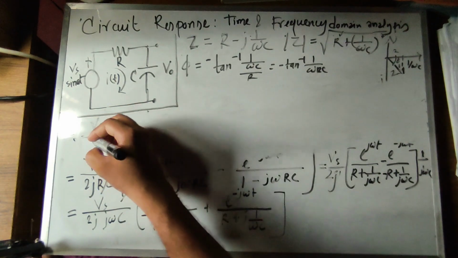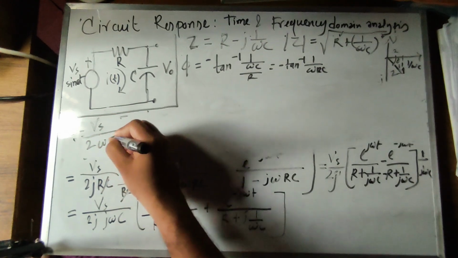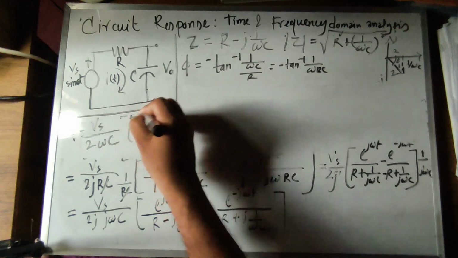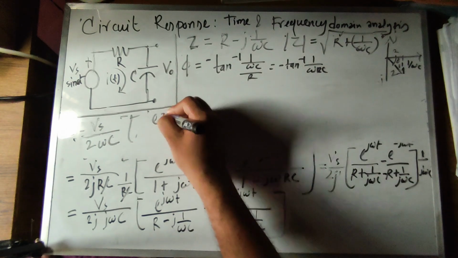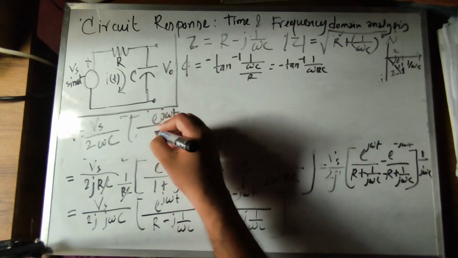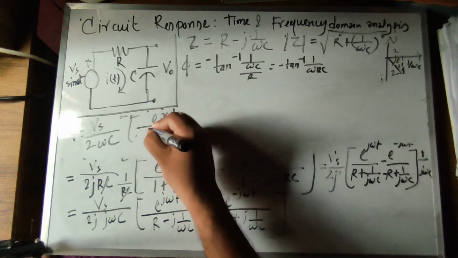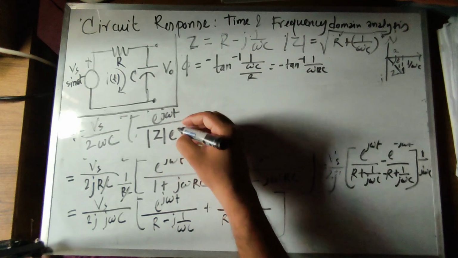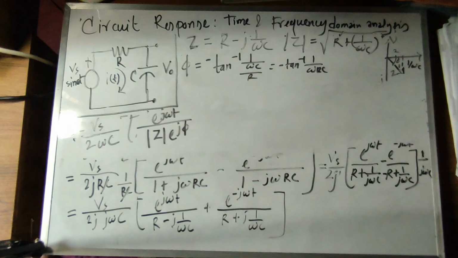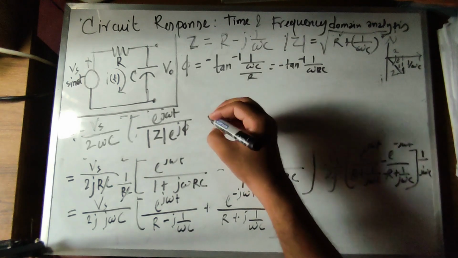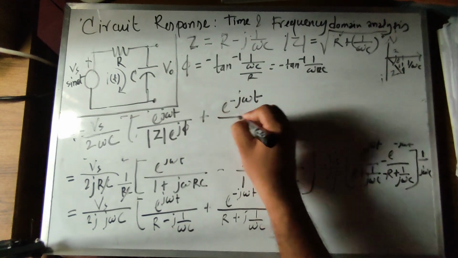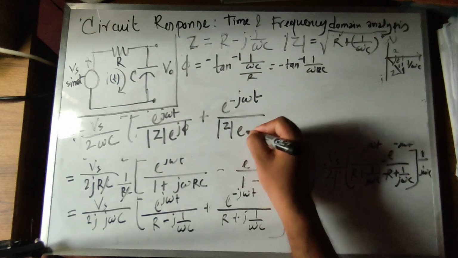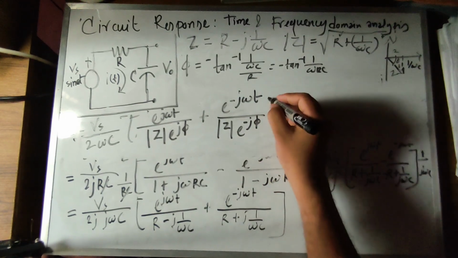This 2j, if multiplied, will become minus 2 omega C, e to the power j omega t by magnitude of Z e to the power, this is Euler's form, j phi, and plus e to the power minus j omega t by magnitude of Z, minus j phi.